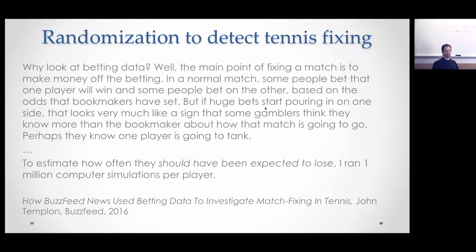They scraped them from a bunch of betting sites, and they looked at cases where the odds shifted dramatically between the start of the match and later on in the match. The idea there was that if someone was heavily favored to win and they lost, maybe they threw the match.